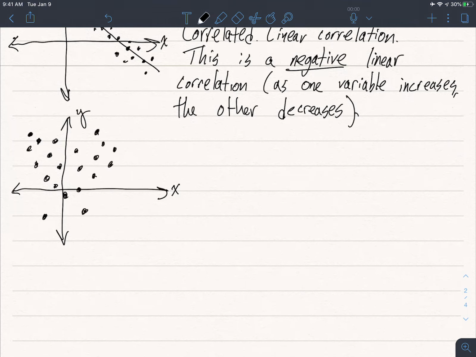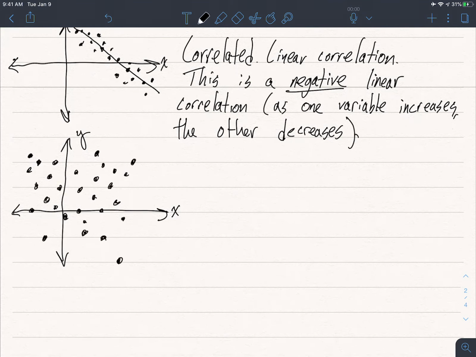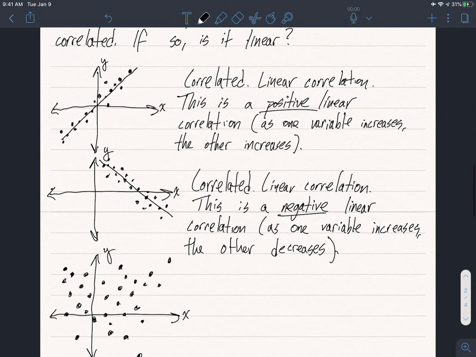Get a lot of points here so that we can see the big idea. Plotting all these points. Oops, sorry for the zoom in. All right, so there were my first two examples.